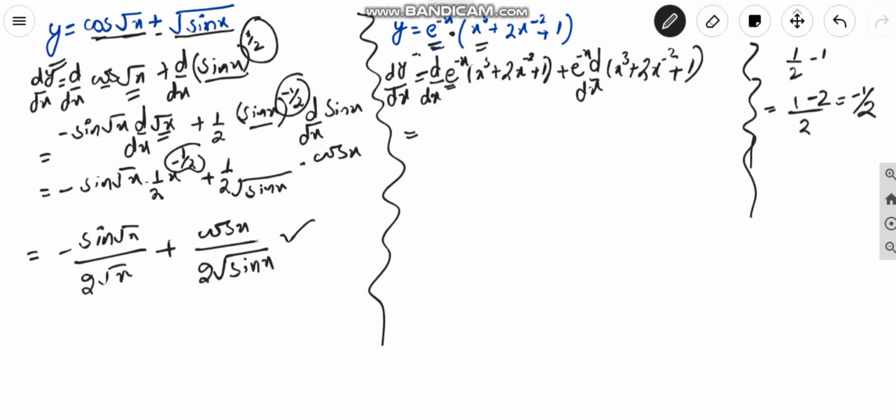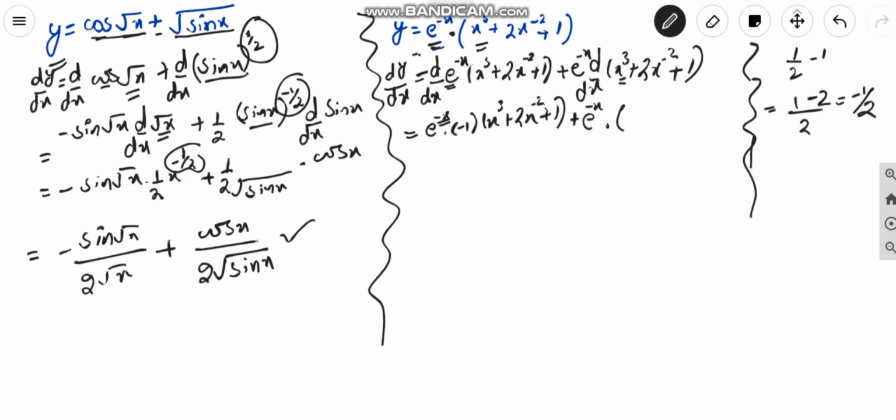Now the derivative of e power minus x: the derivative of an exponential function remains as it is, and we will find the further derivative of the power. Here the power is minus x, so our derivative will be minus 1. So minus e power minus x times x cube plus 2x power minus 2 plus 1, plus e power minus x and the derivative of x cube.